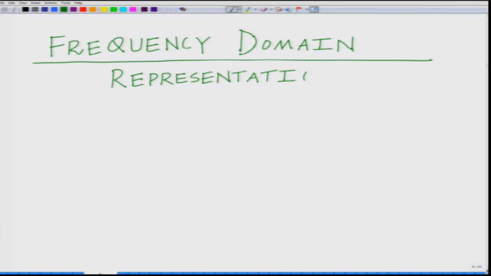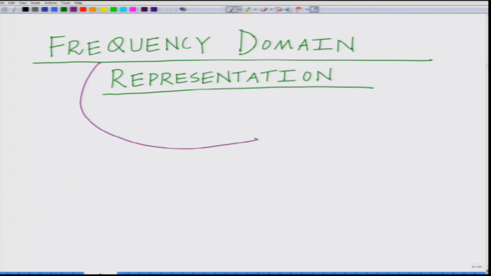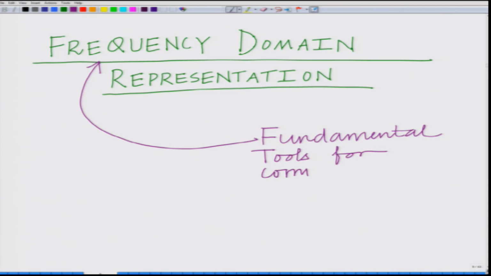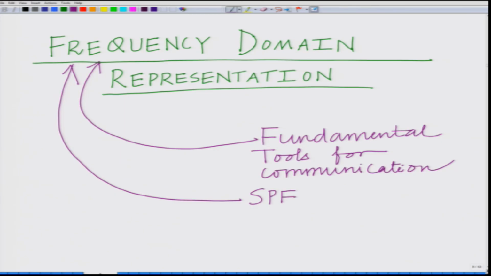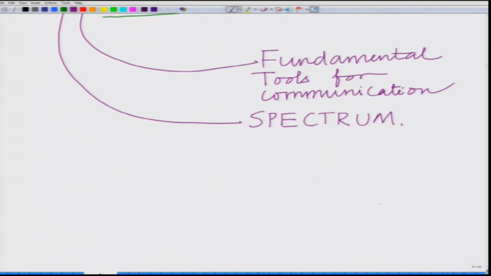This is one of the fundamental tools used in communication, and this frequency domain representation of the signal is termed the spectrum of the signal.